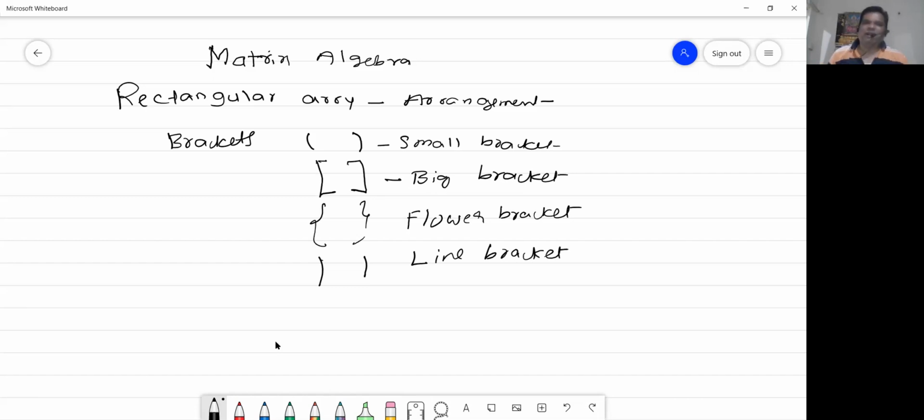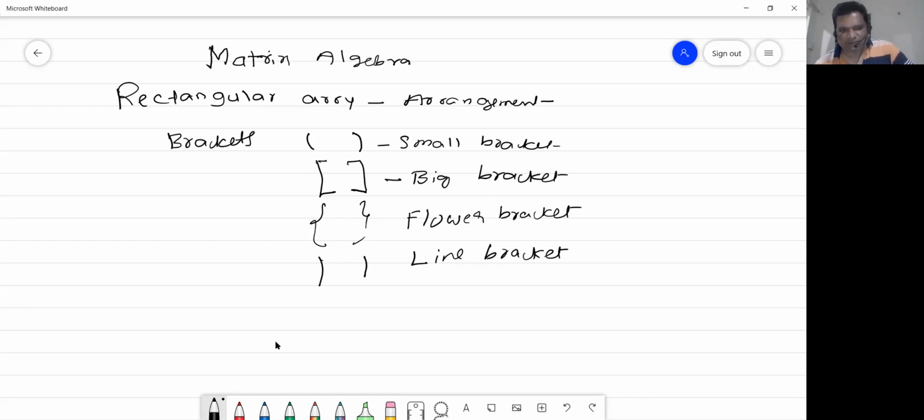So a matrix is a rectangular arrangement of numbers enclosed within brackets. Either it may be a small bracket, or a big bracket, or a flower bracket, or a line bracket.